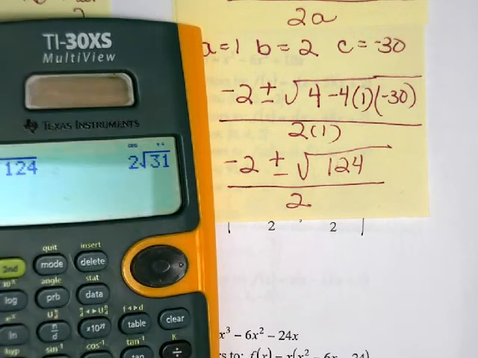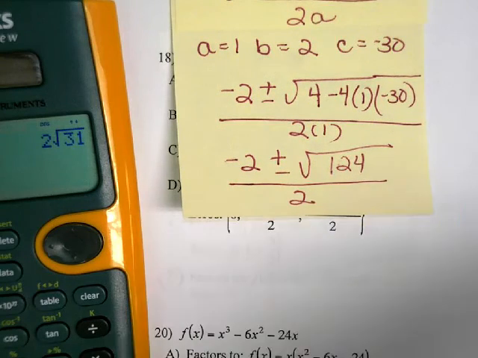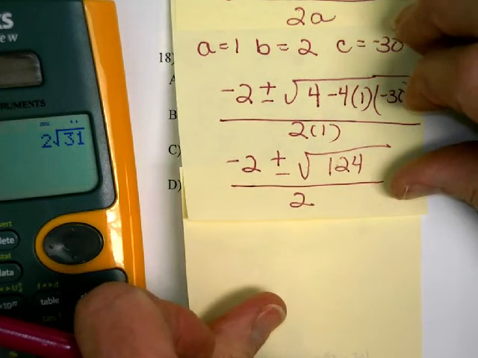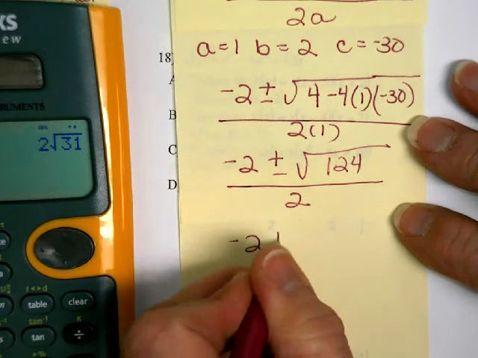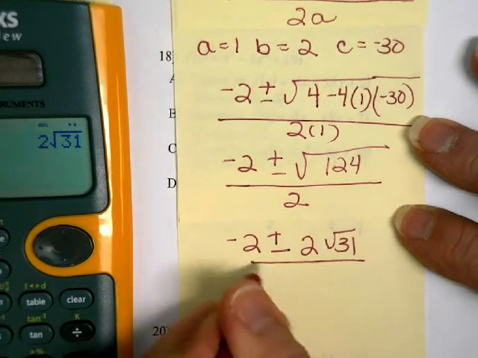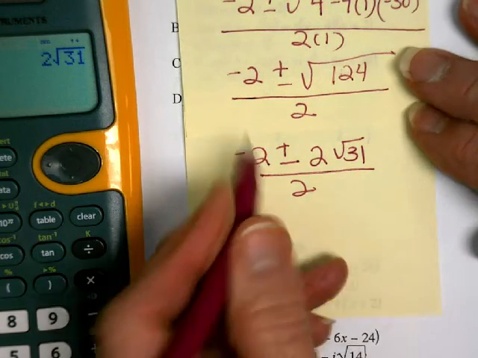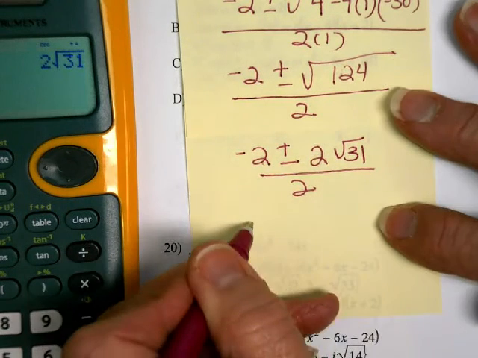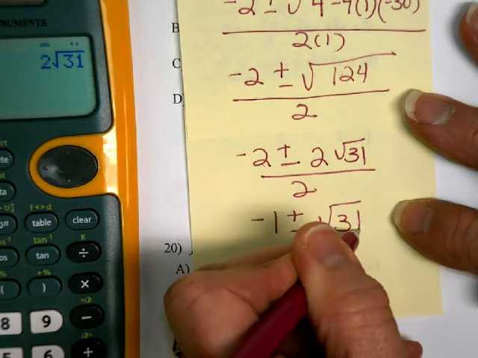I'm going to take the square root of 124 and see if it simplifies. Yeah, see how that simplified? That way I don't have too much to enter in my calculator. It takes me longer to enter it than to do the math in my head. Negative 2 plus or minus 2 square roots of 31, over 2.